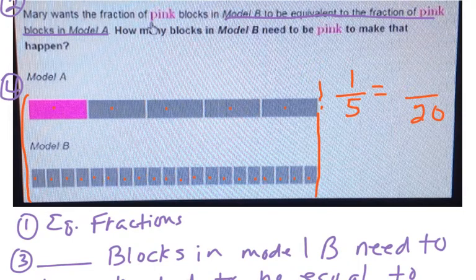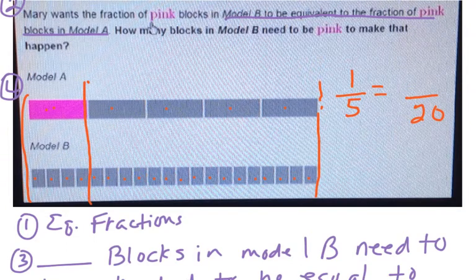Now, remember when we talked about those fractional relationships and how unit fractions are related to each other? If I'm just looking at this one pink one, because that's all I'm looking at, and I want to find the number of equivalent parts for model B, I'm just going to draw a line.